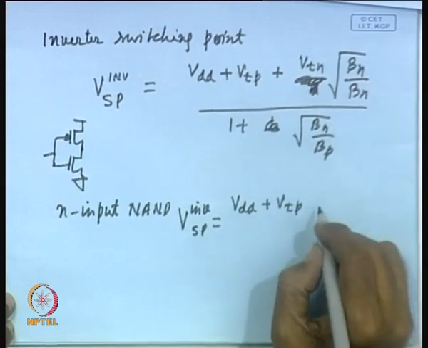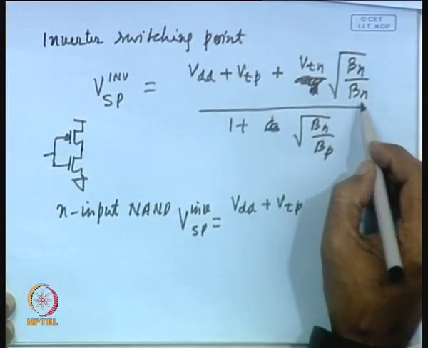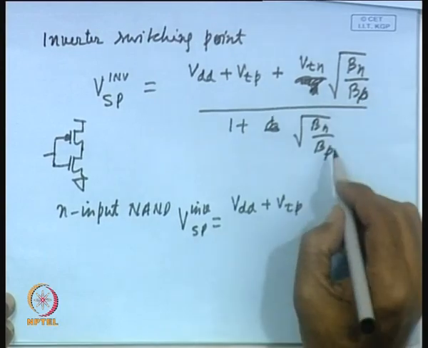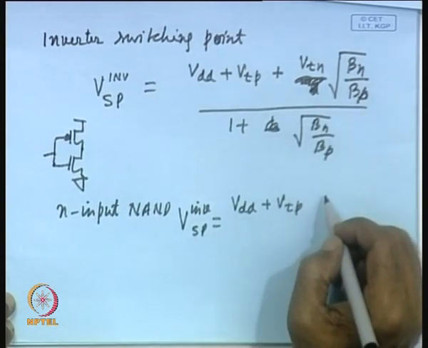This part is not affected, but the beta n by beta p ratio is affected.